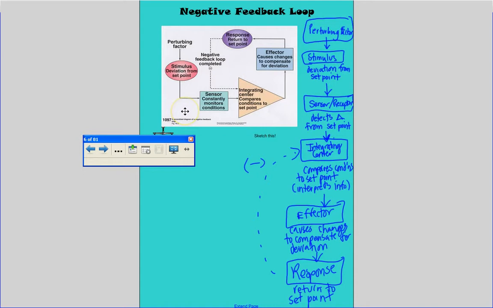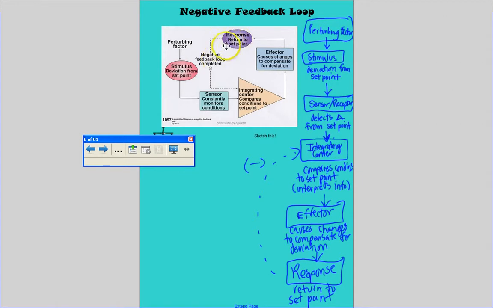But basically we have a perturbing factor, which serves as a stimulus, or causes a stimulus where there's a slight change from what's normal. This is detected by the sensor. The sensor sends a message to the integrating center, which compares conditions, interprets the information, and sends a message to the effector, which causes changes that can bring about a response, which is to return it back to normal.